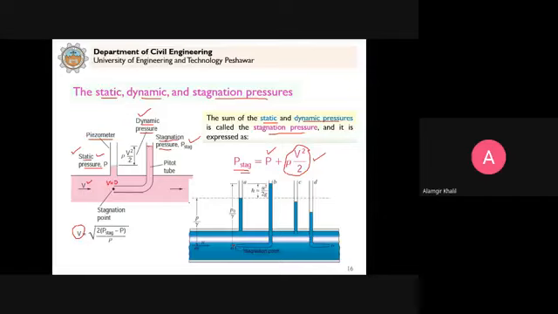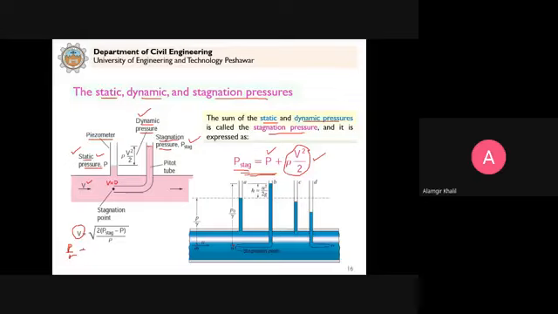Clear? So for example, how this equation comes: we can apply the energy equation, the Bernoulli equation, at point M and at point N. So if I write down here, we have P by gamma. At this point you have P by gamma, the pressure, which is indicated by this piezometer.